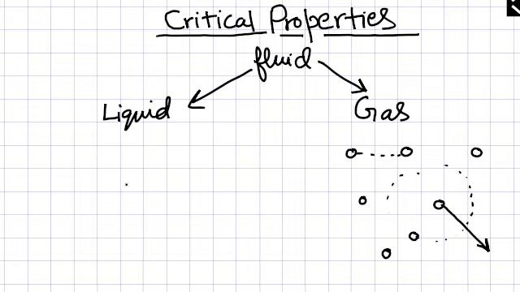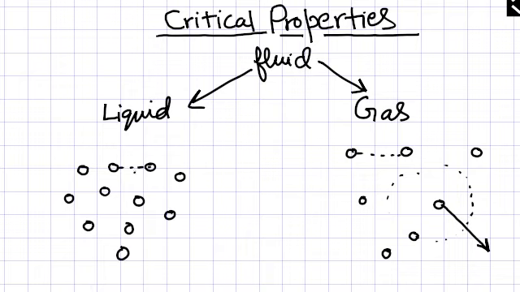And in liquid, the molecules are very much close to each other. That is the difference. This molecular distance is much smaller in comparison to gas. So each molecule is under the influence of other molecules, under the attractive forces.